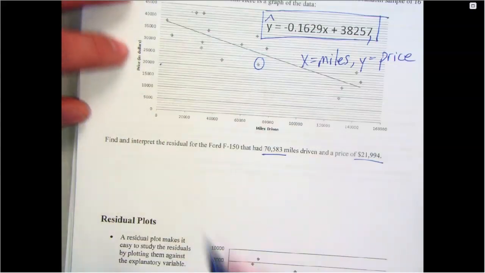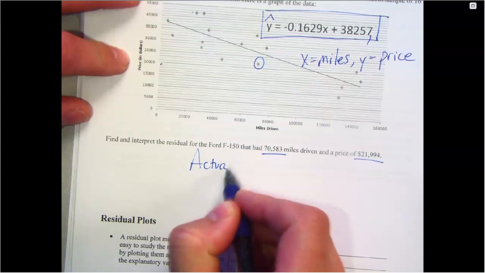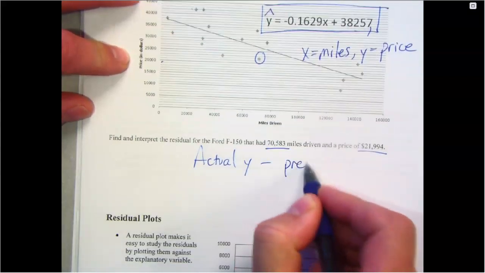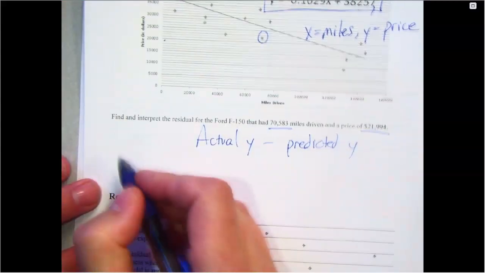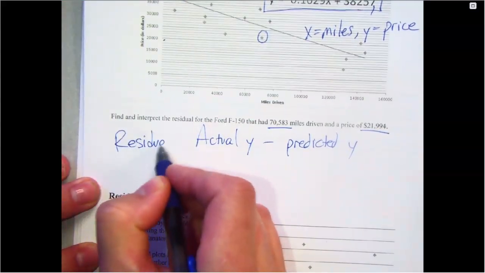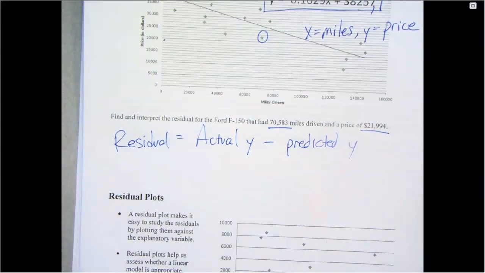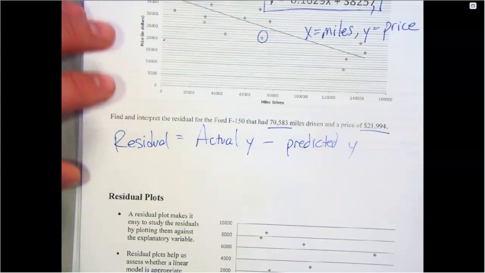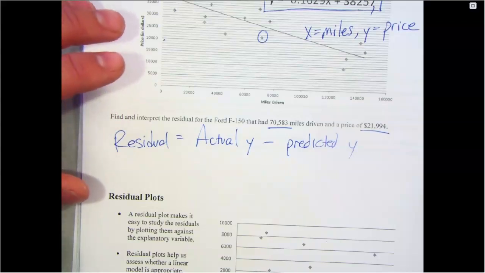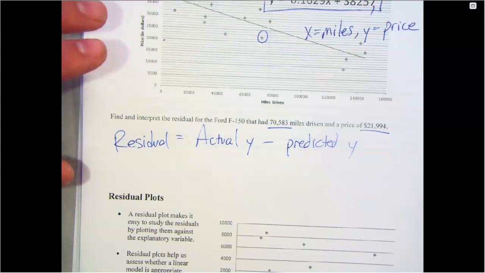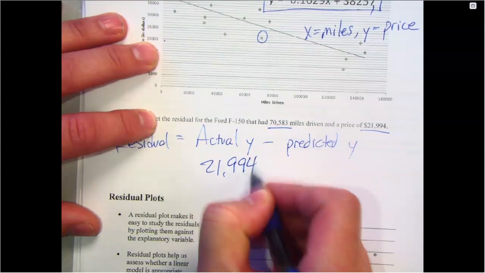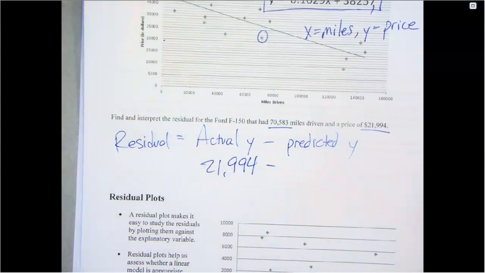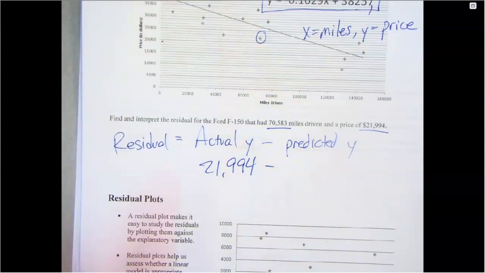Sometimes you don't have the graph though. But the idea is you're taking the actual y value minus the predicted y value. That is a residual. So for that point that they just gave us, what is the actual y value? Y is price. The 21,994. That's how much that car actually sold for, or is worth, or cost, or whatever the Auto Trader does.